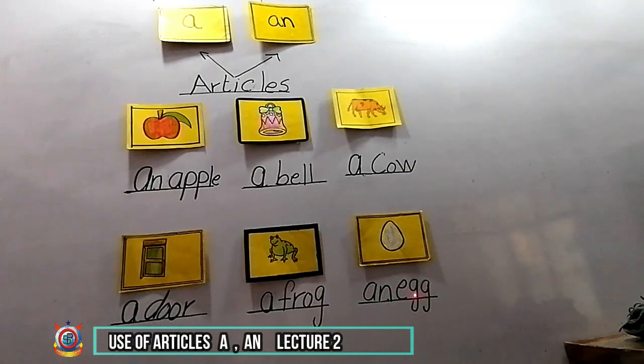An egg. Okay, now, come on, repeat all these with me. First, articles a and an. And how we use articles here? With the beautiful pictures, how we use articles. An apple.